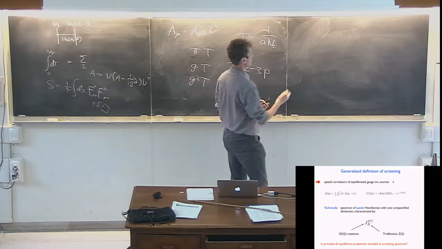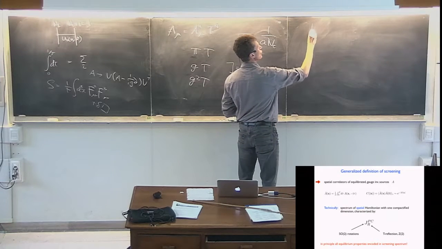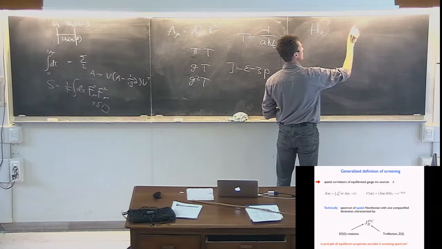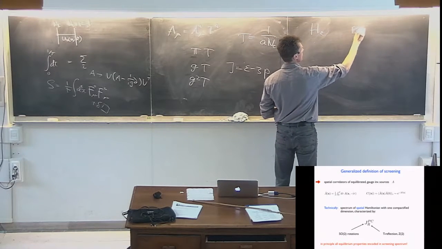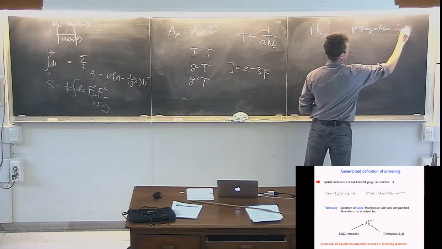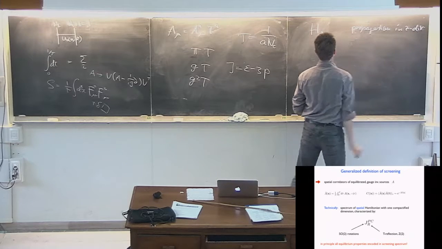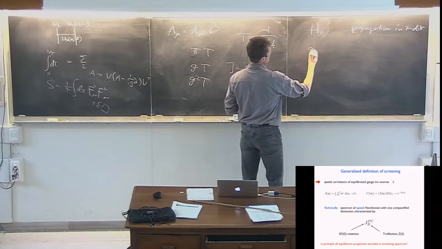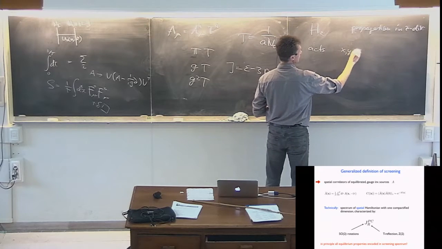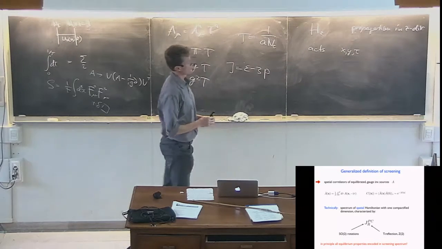So our spatial Hamiltonian is H_z. Okay, so this is basically propagation in the z direction. And that acts on a wave function which lives in x, y, and tau space.